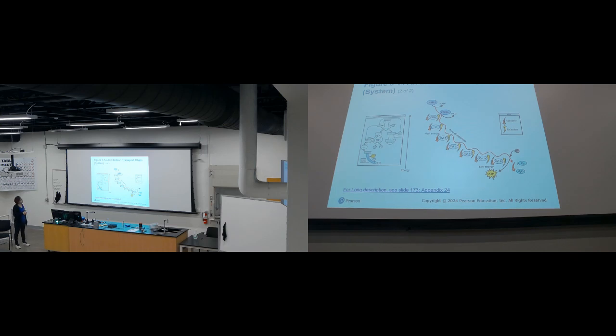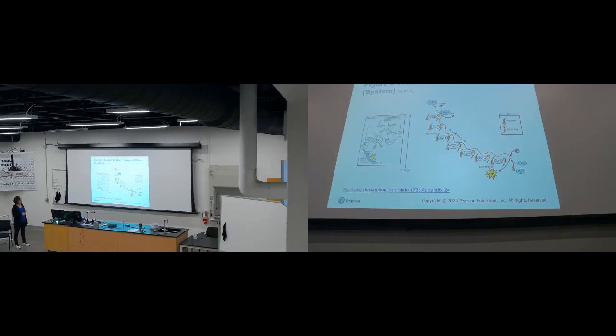So here we have the movement of electrons through this electron transport chain. We have this flavin mononucleotide that is going to carry the hydrogen ions and the electrons, and it's going to transfer them to the Q protein.